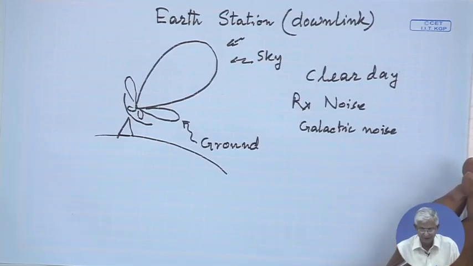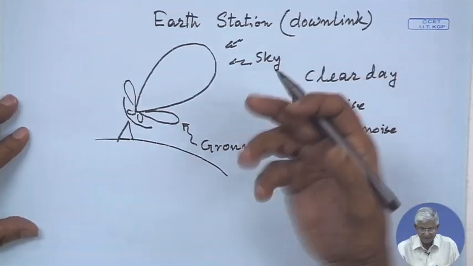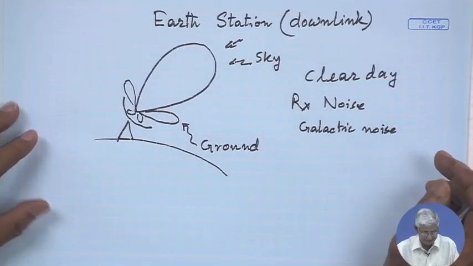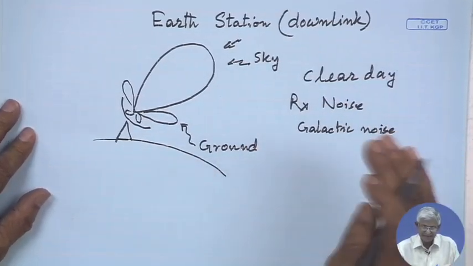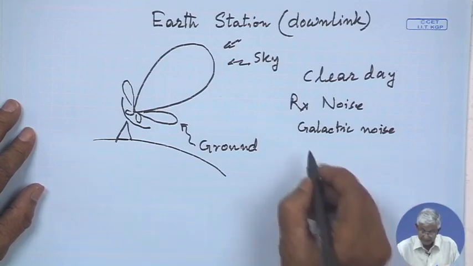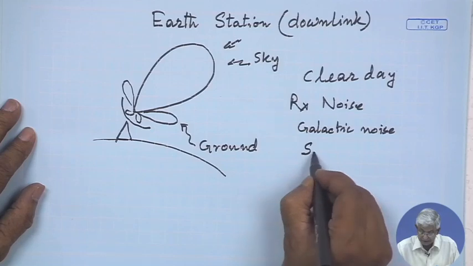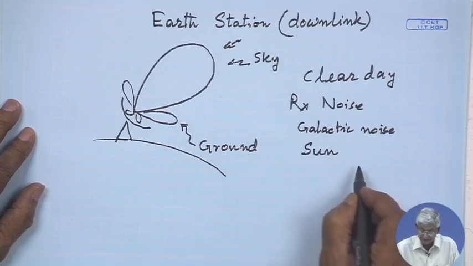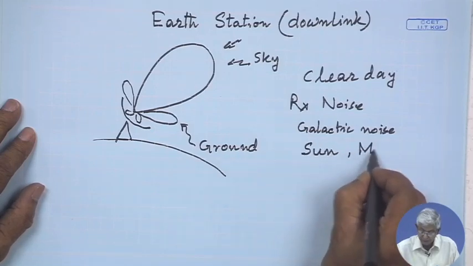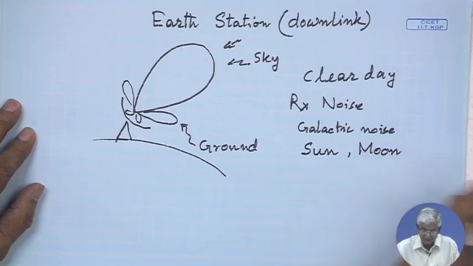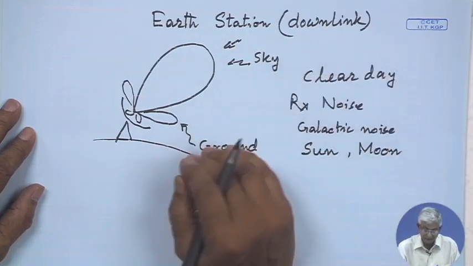Some of them are visible to the eye, some are not, but the noise is coming. All around, stars are there. So, there is a basic galactic noise. In addition, there are radio noise sources. The major ones nearby are the sun, then the moon. There could be other radio sources which are generating noise.